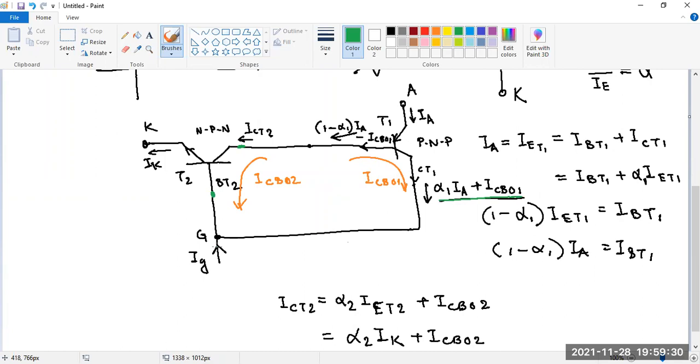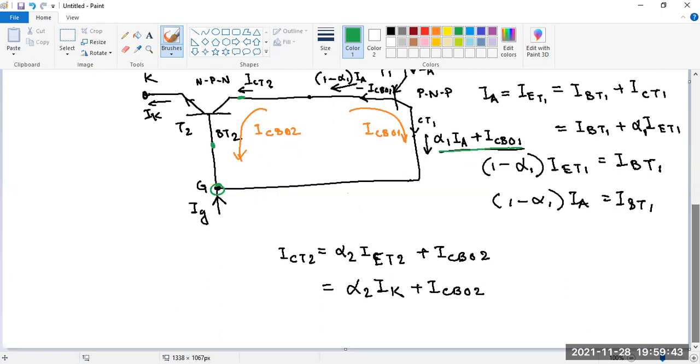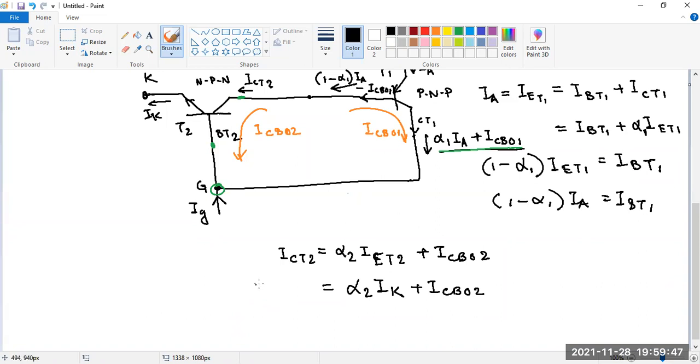If I apply KCL at this node, 2 currents are incoming and 1 current is outgoing. Incoming currents are clear from this figure: IG plus alpha 1 IA plus ICBO1 equals the outgoing current there.